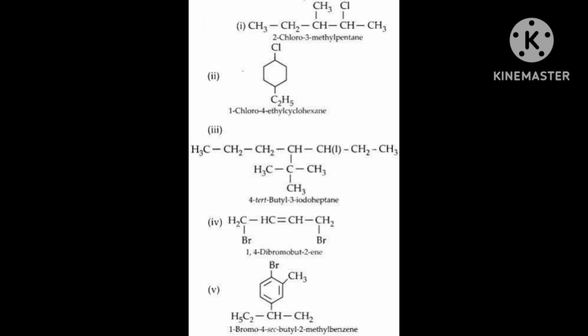When chlorine is attached, it will be 178. If bromine is attached, then it became 193. If iodine is attached, then it is 214. Okay, this is the bond length I told you.